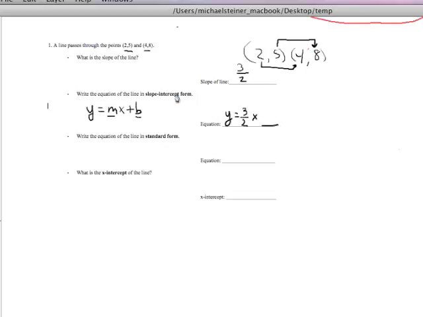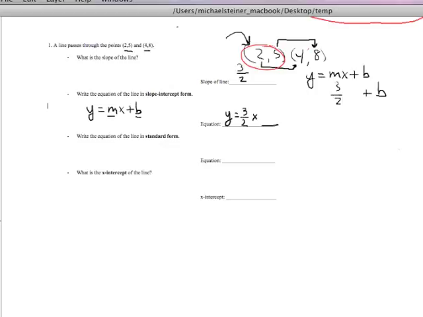Well, we can figure out b because we have a point on the line, and we know that point, let's say (2, 5), and I'll circle that in red right here. (2, 5) must satisfy this linear equation. If y = mx + b, and we know the slope is 3/2, I'm going to write b over here, and we have an (x, y) that's on the line.